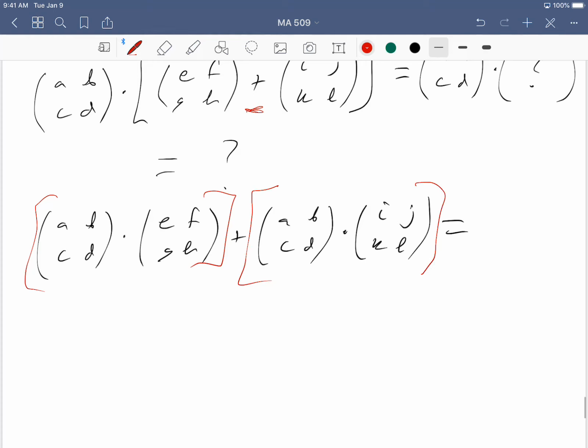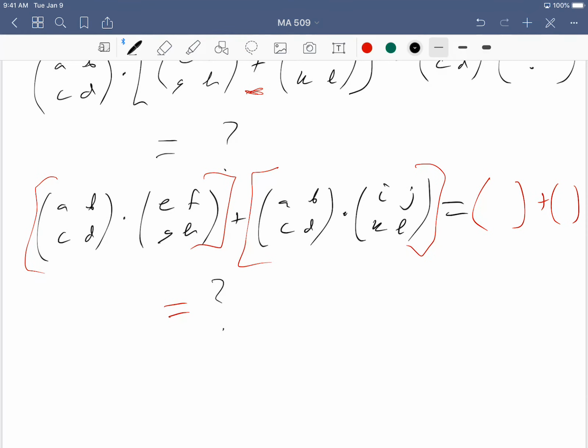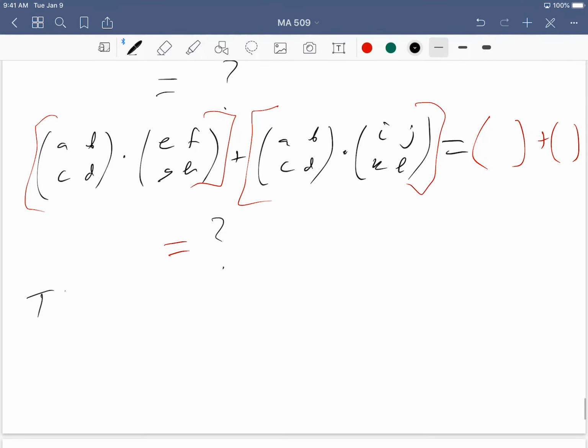You're going to multiply those products first and then add them and see what you get. Okay, and in the end, again, these should be the same. And so matrix multiplication distributes over addition.